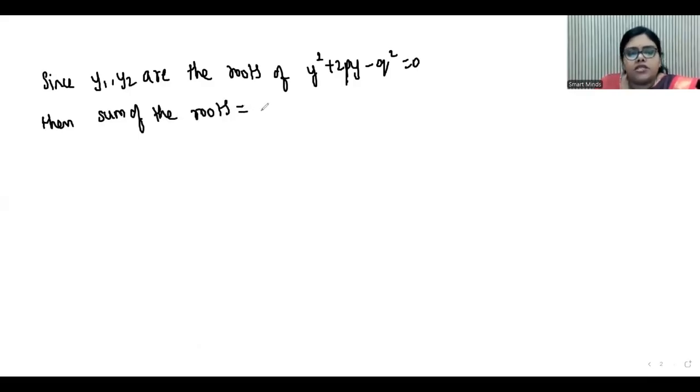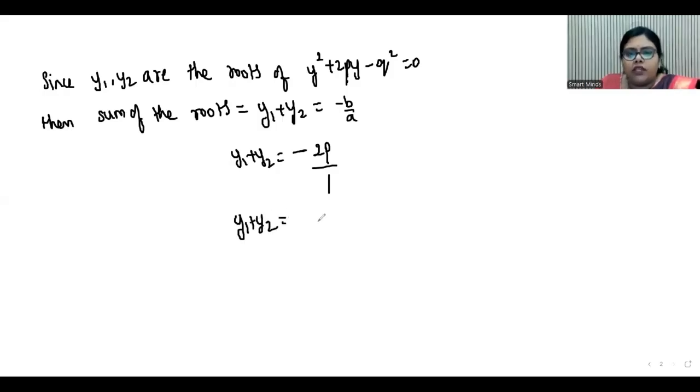Sum of the roots is y1 plus y2, that is minus b by a. So y1 plus y2 is minus, what is b from this equation? b is 2p, by a is 1. See, b is the coefficient of y, a is the coefficient of y square. That is how we got the y1 plus y2 value as minus 2p.